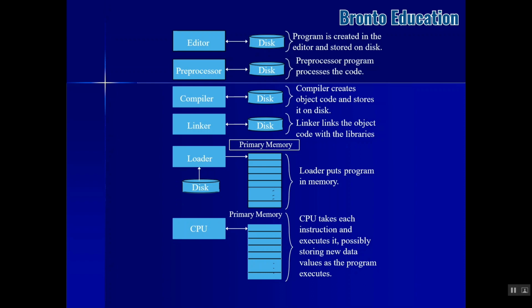Then linker actually links the built-in functions and also the source code. And loader takes the program from disk and loads it inside the primary memory, which is your RAM. Then CPU will take all those codes from RAM, and run it line by line.